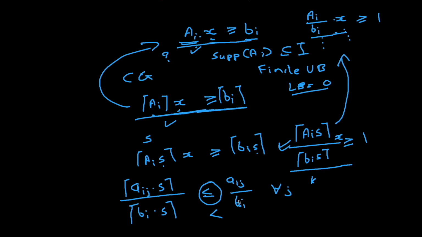So if all of my coefficients are smaller than their corresponding coefficients in the other, and both right hand sides are 1, this is the goal. We want to find an s such that this happens.